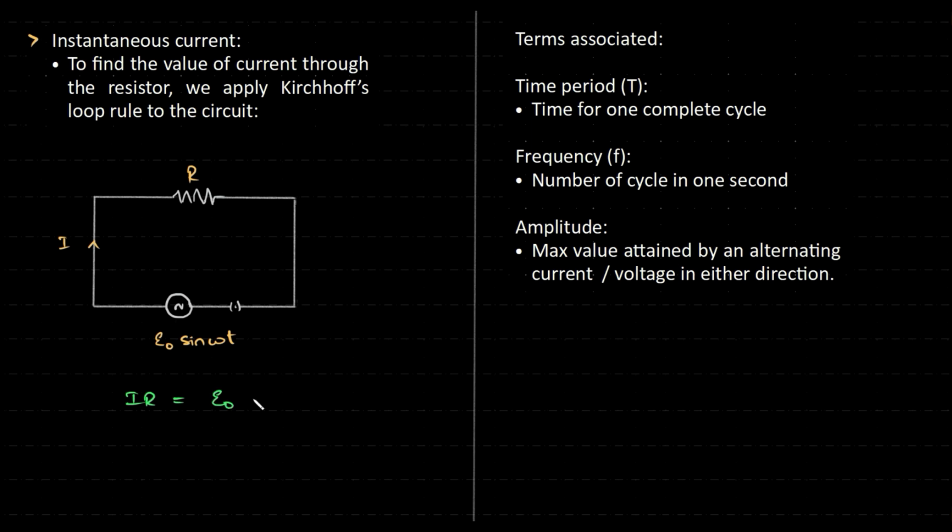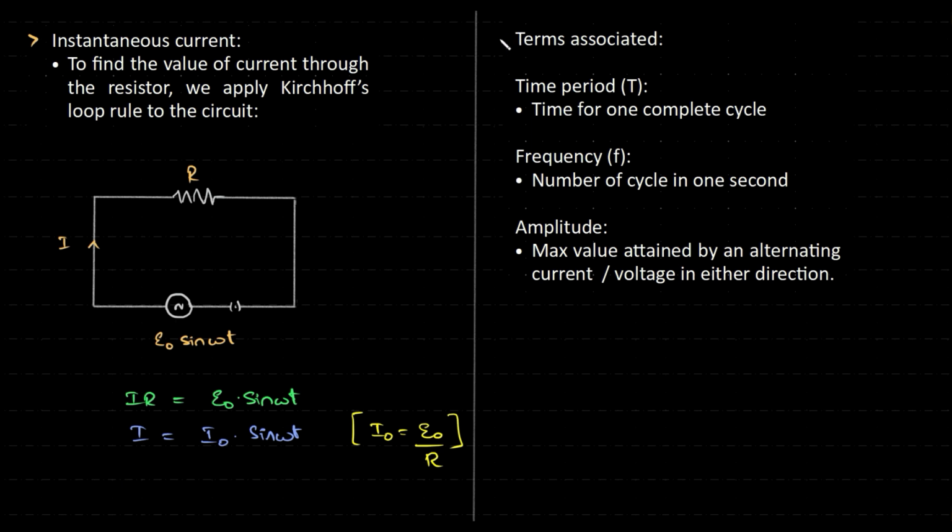IR is equal to epsilon naught sine omega t. So I will be equal to I naught, that's the maximum value of current, sine omega t. What did I do? I just substituted I naught as epsilon naught by R. Yes, very simple set of expressions.